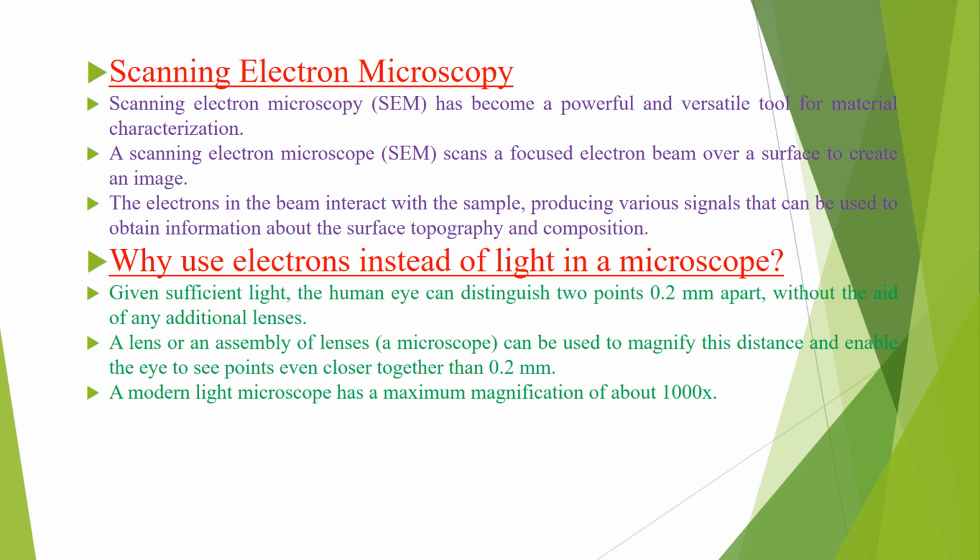A lens or an assembly of lenses in a microscope can be used to magnify this distance and enable the eye to see points closer together than 0.2 millimeters. A modern light microscope has a maximum magnification power of about 1000 times greater than this power.